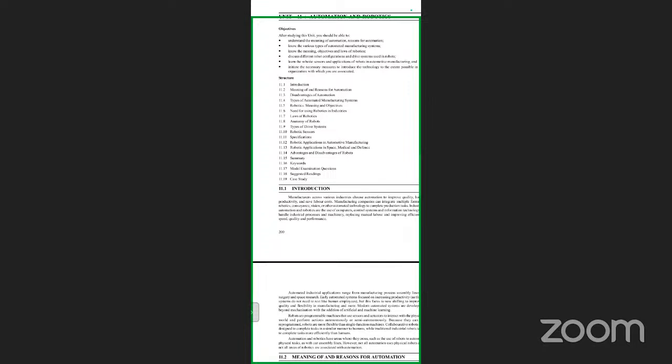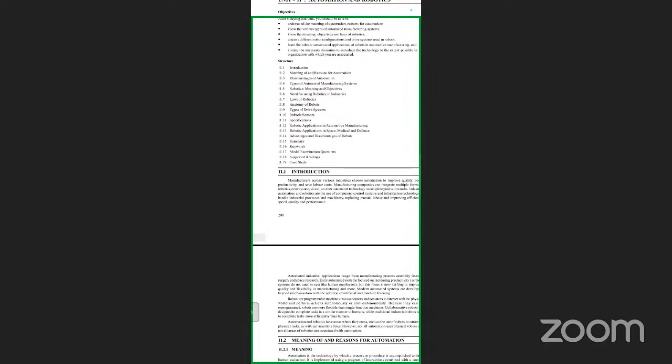Then robotics: its meaning, the need for using robotics in industries, the laws of robotics, anatomy of robots, types of drive systems, robotic sensors, specifications, robotic applications in automotive manufacturing, space, medical and defense, and advantages and disadvantages of robots. So like this, we have different points that have to be raised.